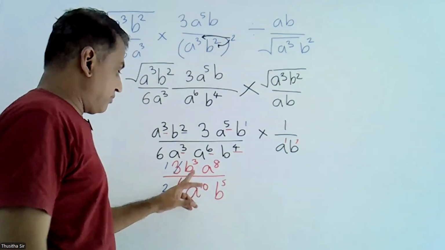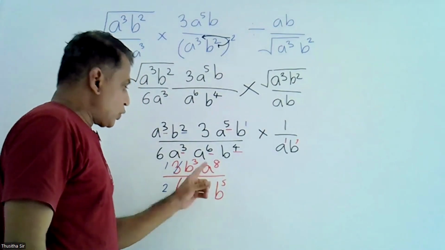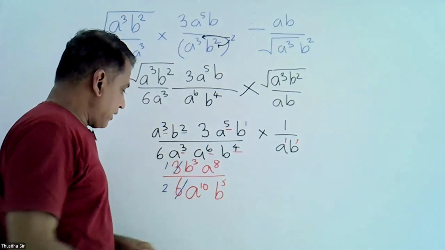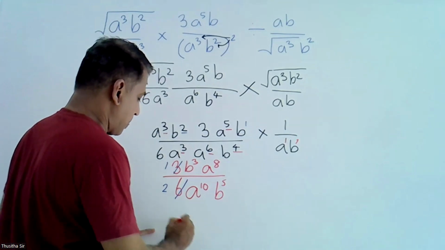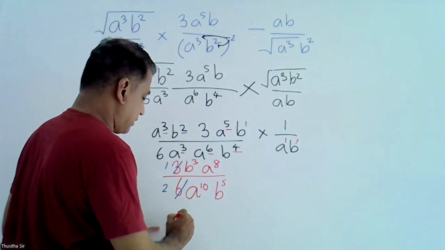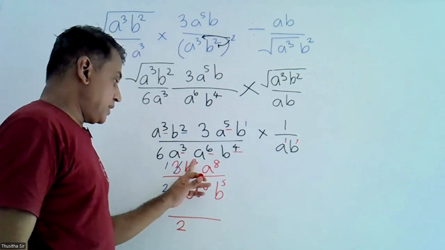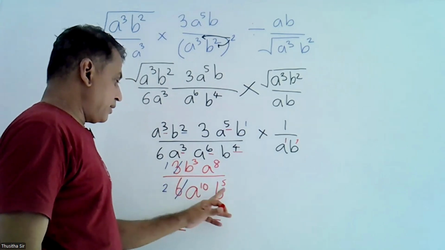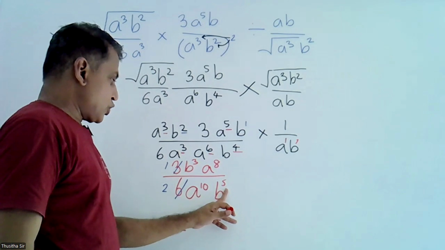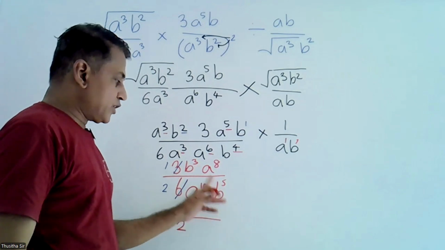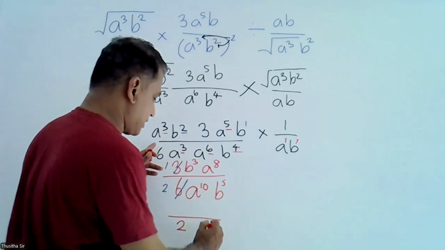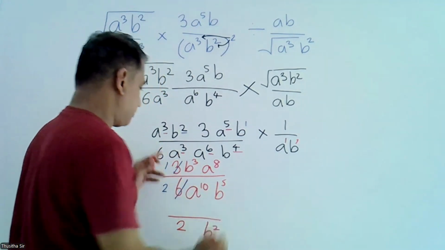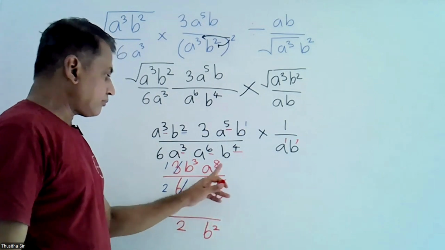Now I can simplify further. So here I write 2 now, and the b power of 3, and it's 5 here. So if I have to divide, I subtract. So then 5 minus 3 is b 2. And here 10, here 8.